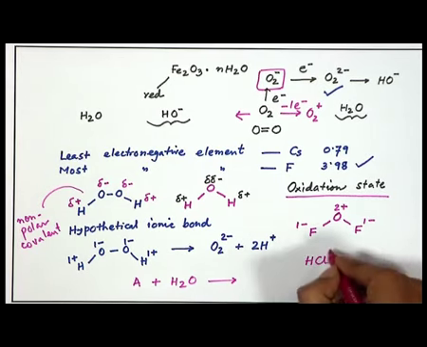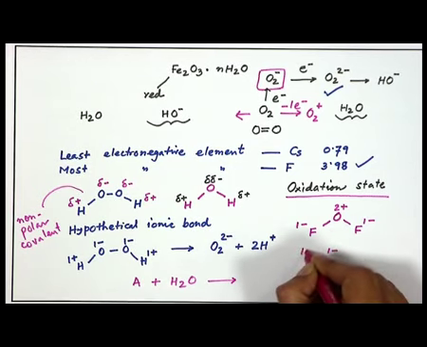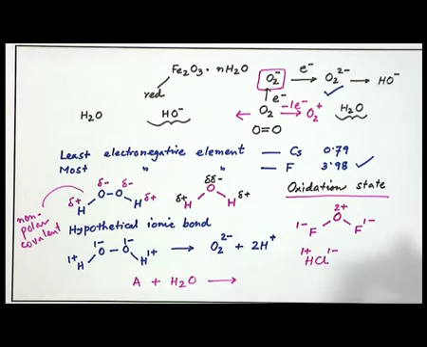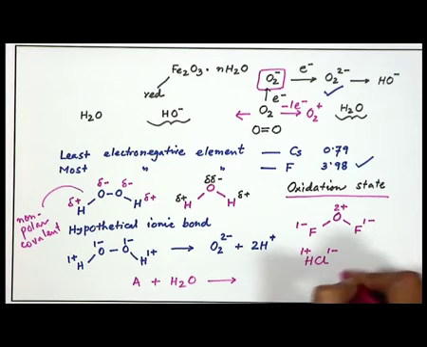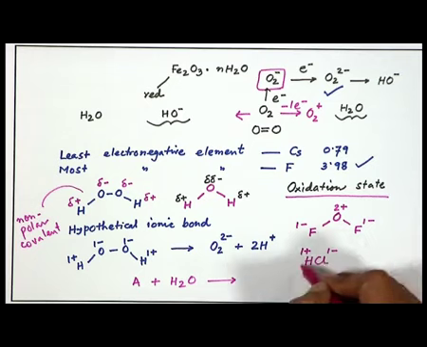HCl we all know, if we assign this is 1 minus, this is 1 plus, the oxidation state assignment, but this is a typical gas molecule. So, this gas molecule has a covalent nature because this electron is shared by the electron on the chlorine atom, giving rise to a covalent bond.